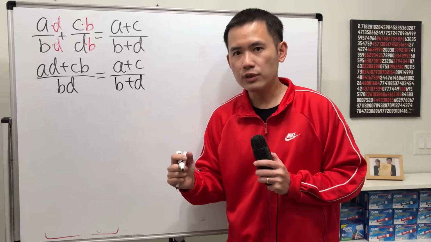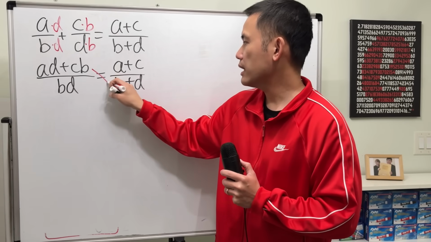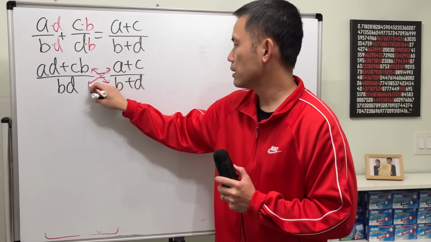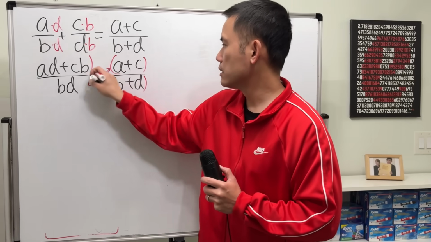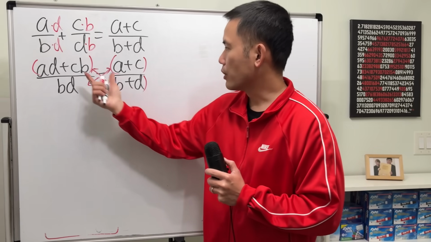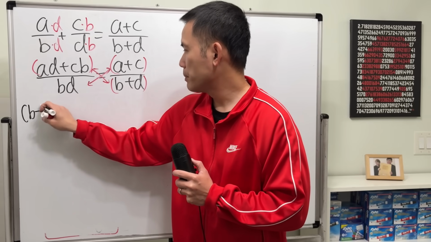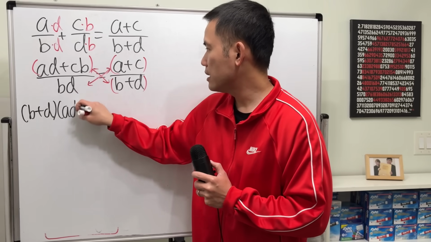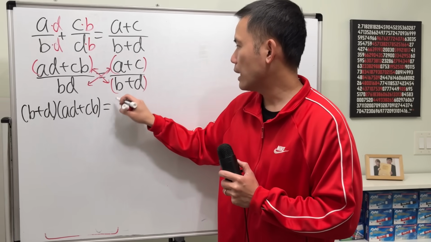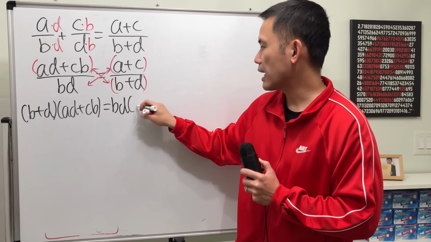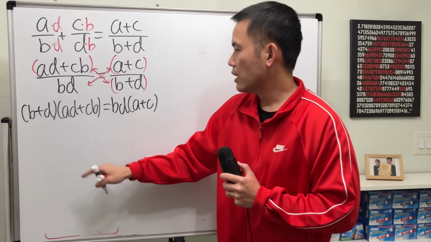Now we have two fractions equaling each other. Go ahead, cross multiply. And remember, use parentheses, all that stuff. So this times this, b plus d times ad plus cb, that will be equal to bd times a plus c. Work this out.